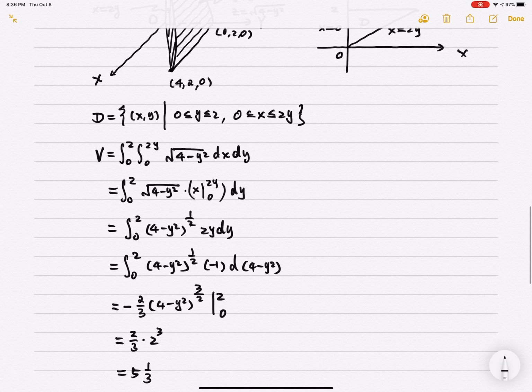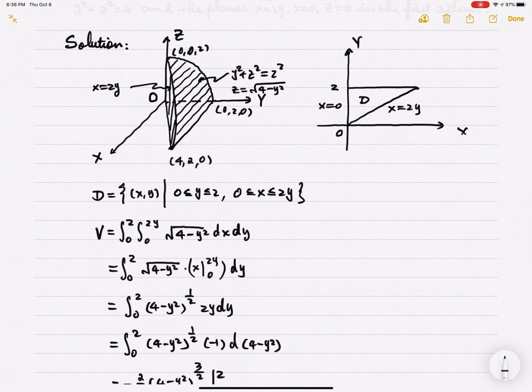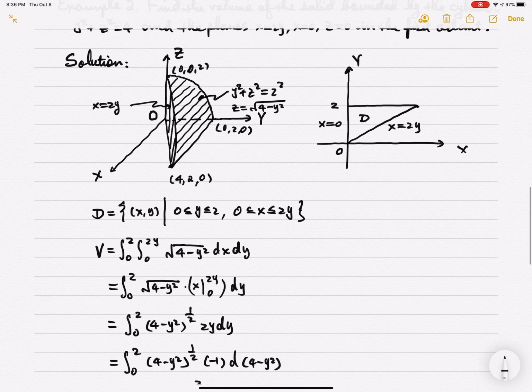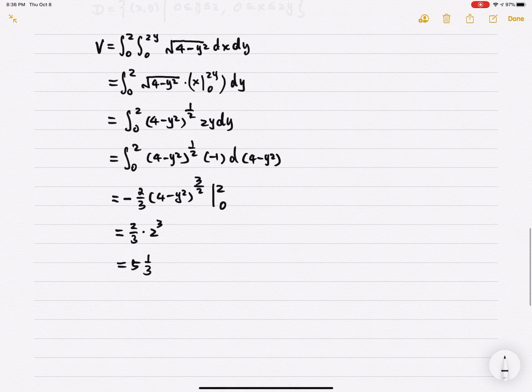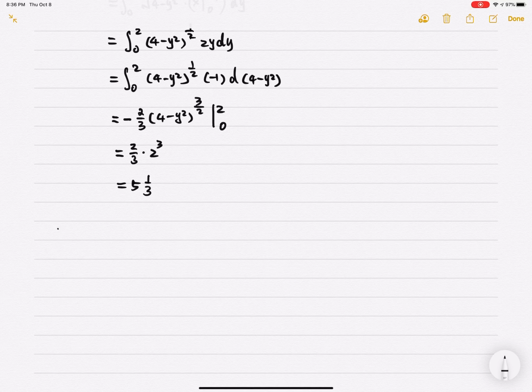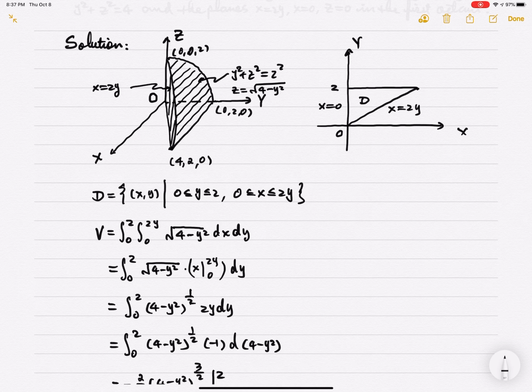Now, for this one, maybe some people think, well, can we use a type 1 region? If you think about a type 1 region, let's try this. If you look at D, of course D can be written as (x, y), and then x changes from 0 to 4.